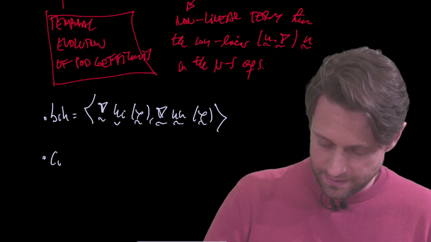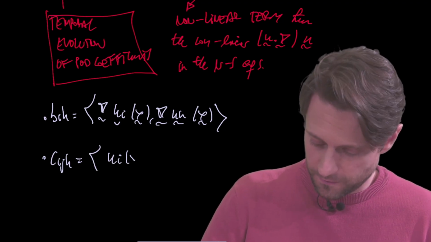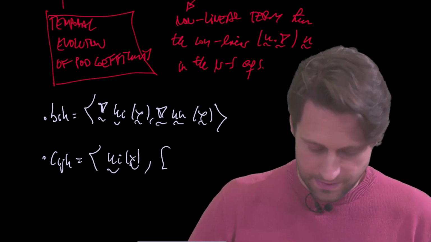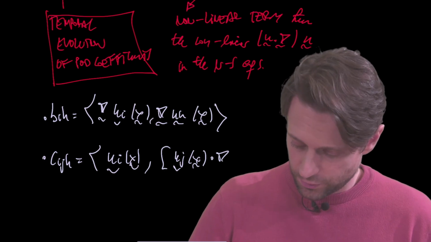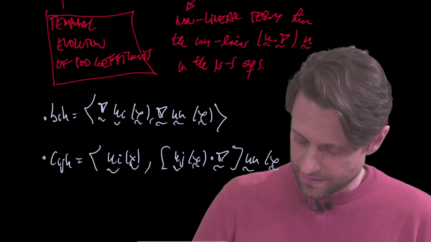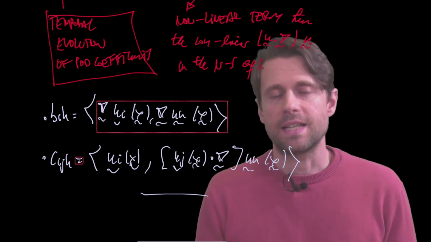Whereas Cijk is the inner product of ui of x with now uj of x dot nabla, and this is now uk of x. Okay? So that's a little bit the idea.